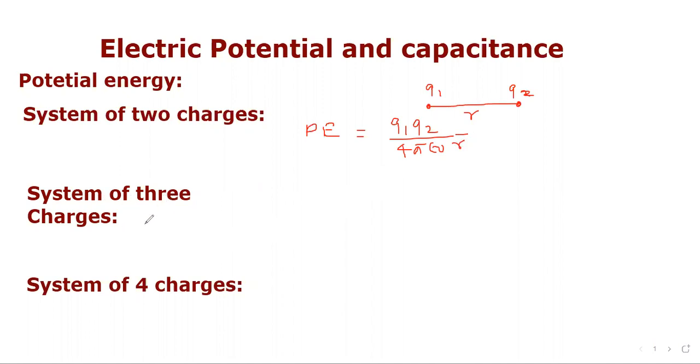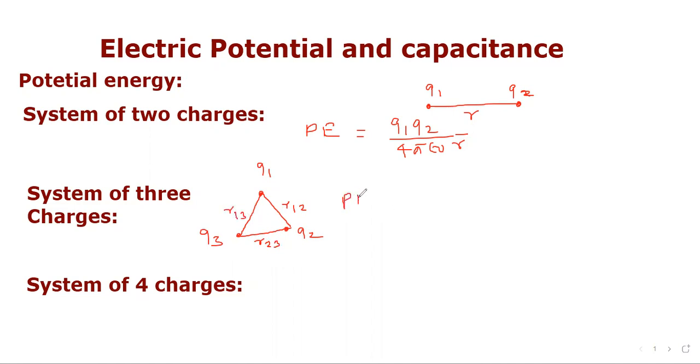Potential energy for system of three charges. Suppose there are three charges Q1, Q2, Q3, and suppose this separation is R12, this separation is R23, this separation is R13.